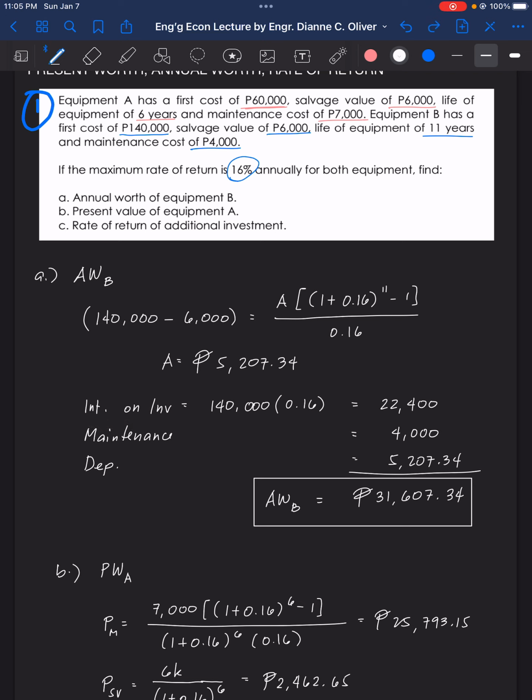So the difference here for ROR is that we solve for the annual worth but without the interest on investment.